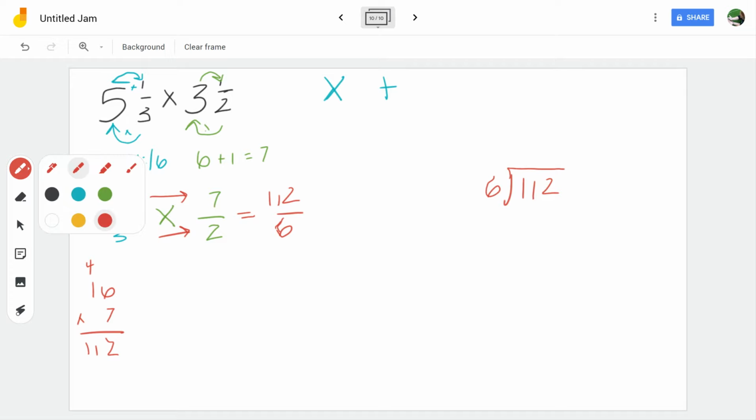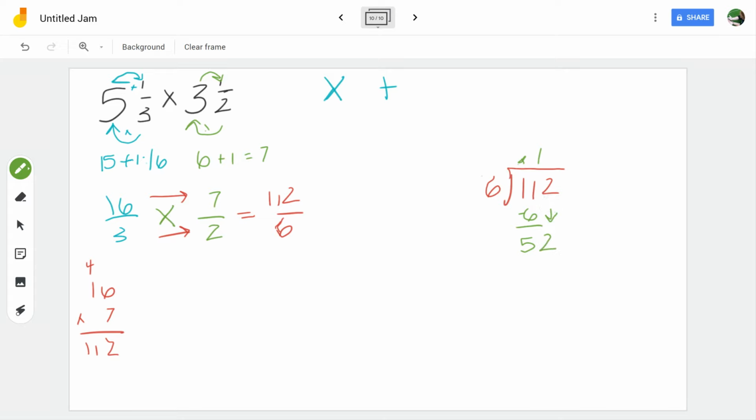So how many times can 6 go into 1? None. So I'll put a little X right there. How many times can 6 go into 11? Hopefully you said once. So I'm going to put a 1 here. 1 times 6 is 6. 11 minus 6 is 5. 6 can't go into 5, so I'm going to drop the 2.